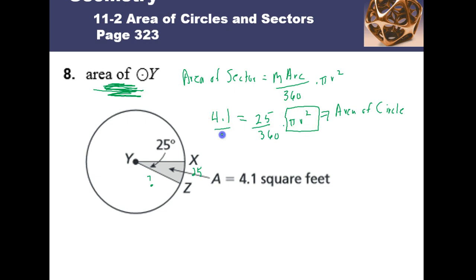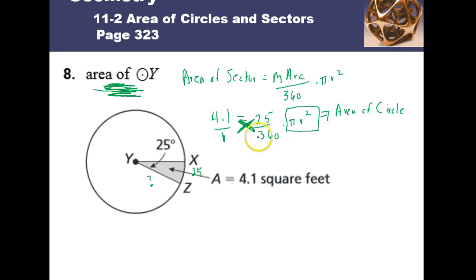So I'm going to put this over 1, and I'm going to cross multiply these. I'm going to leave the pi r squared where it is, but when I cross multiply, I get 1 times 25, and then 4.1 times 360. And actually, this is easier than the other way I was thinking.